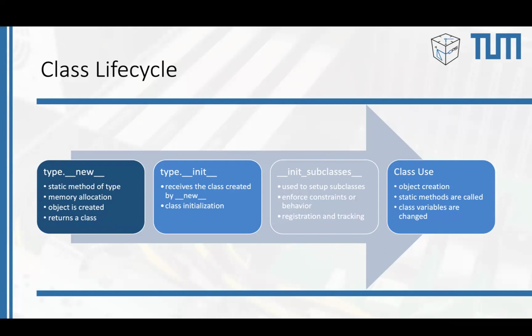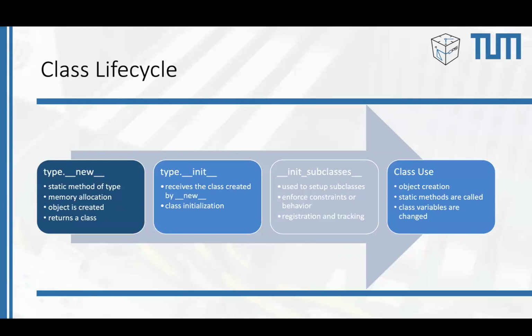And then type will also be called with init. And this will create the initialization of the class itself. For example, it will put the class variables there instead of the instance variables, like the variables that are shared by every instance of the class, and that can be changed by every instance, but it will have only one value for the whole class.